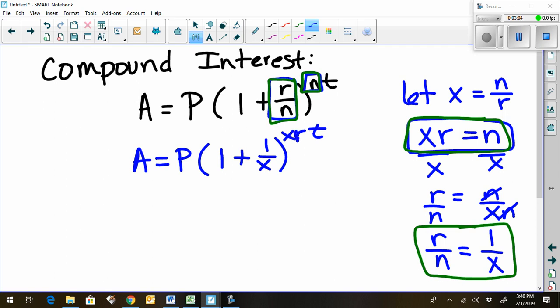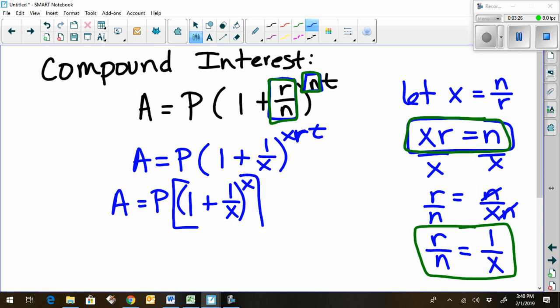That's an r. All right, so now all we've done is substitute. We've plugged in different values that are equivalent. Now I'm going to take this apart a little bit. I know I have A, P, and I just want to focus on the 1 plus 1 over x to the x. And then I'll multiply it by the r, or raise it to the r times t.